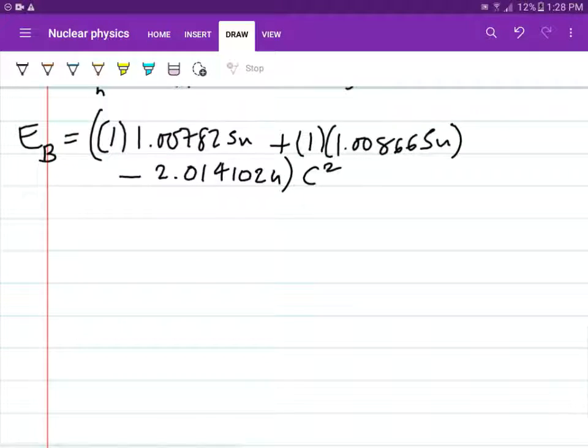So just a bit of conversion between c squared and eV. In nuclear physics, this is to ease computations. Let's express 1 atomic mass unit, 1 U, into c squared.